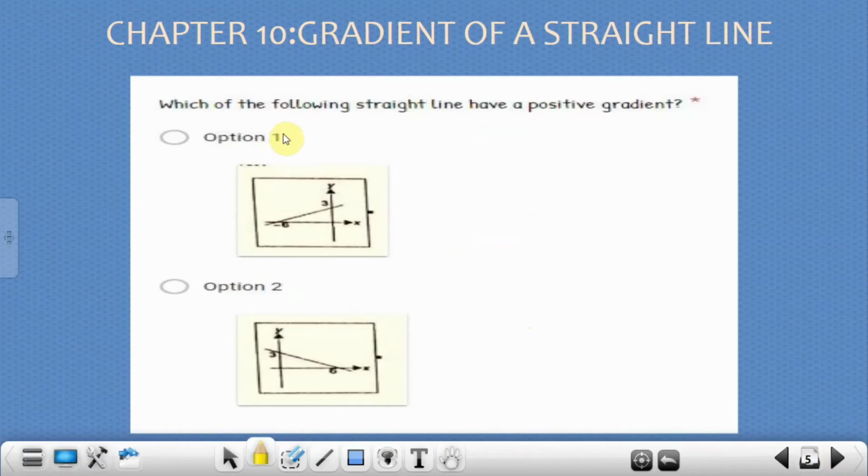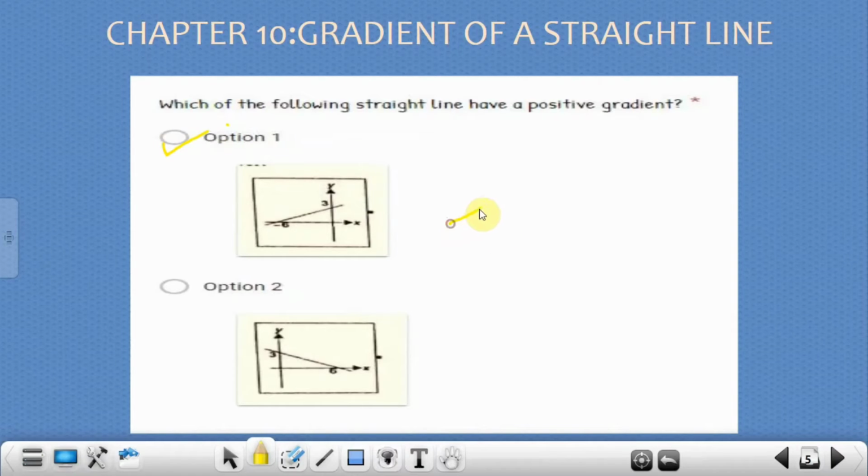Okay. Next, which of the following straight lines? Now we enter chapter 10, gradient of straight line. This is quiz 4. Which of the following straight lines have a positive gradient? If it's positive gradient, we don't have to calculate anything. Positive gradient will be like this.